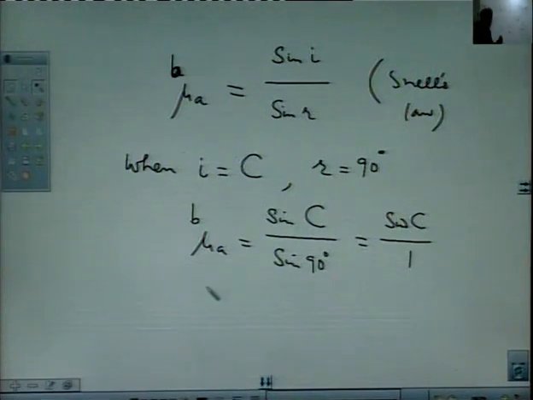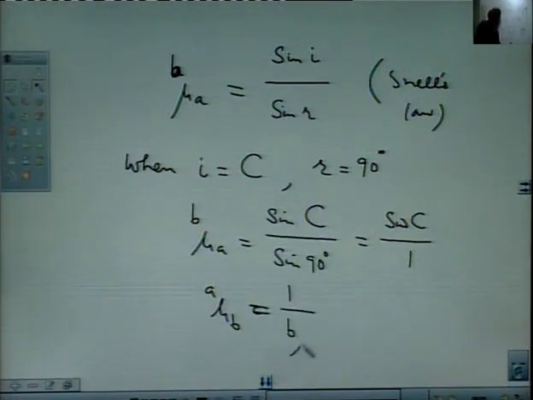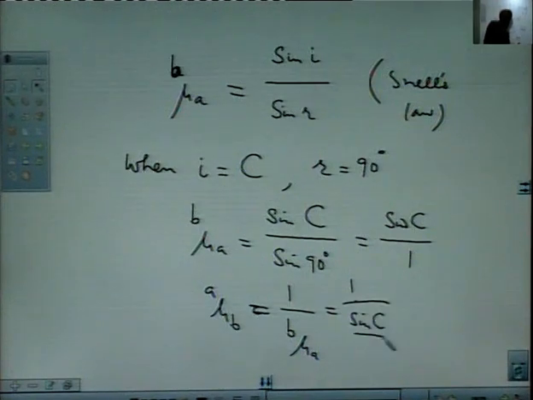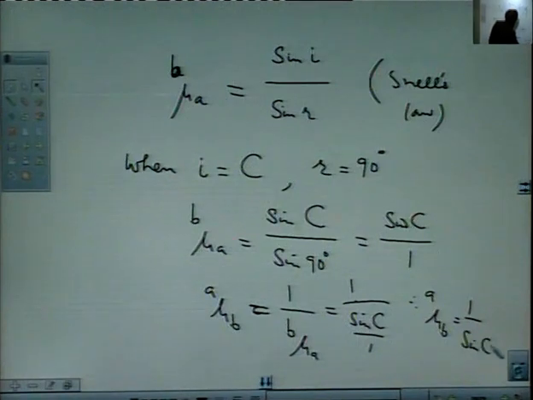We studied that we want A mu B, the refractive index of medium B with respect to medium A, and this is the reciprocal, 1 over B mu A. Hence, this is equal to 1 over sin C over 1. So, an important relation: A mu B is equal to 1 over sin C.